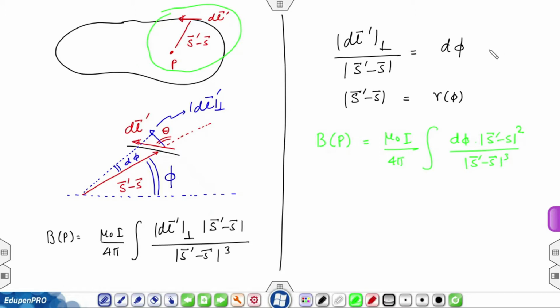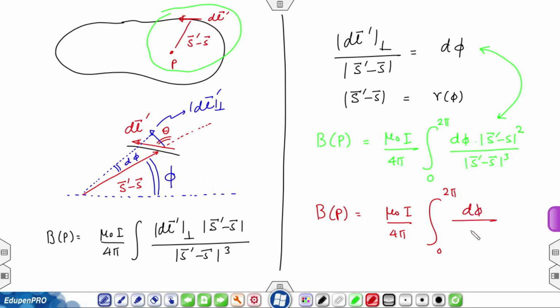This square comes because of this, and d phi goes from 0 to 2 pi, and this immediately gives you that B at P is mu 0 I over 4 pi integration 0 to 2 pi d phi over r phi.